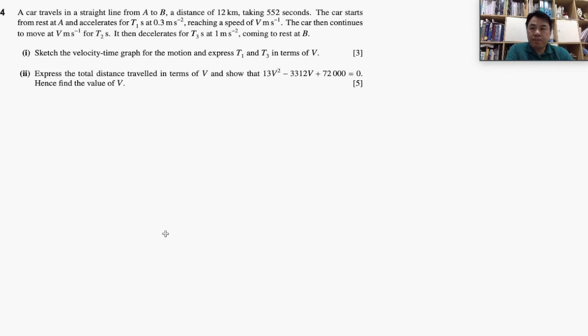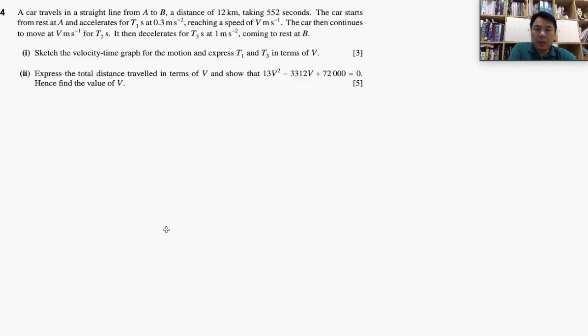A car travels in a straight line from A to B, which is 12 kilometers apart. The journey takes about 552 seconds. The car starts from rest at A and accelerates for time t1 seconds at 0.3 meter per second squared acceleration, reaching a speed of v meter per second.